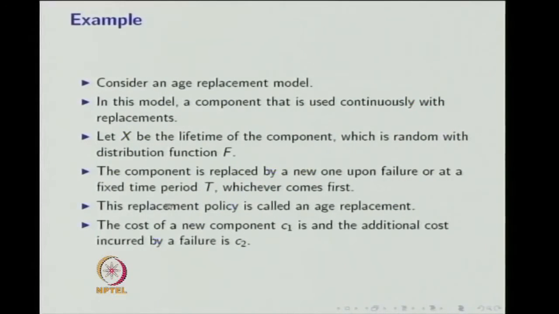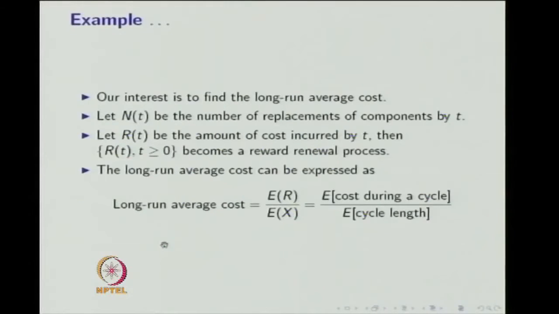The cost of a new component is C1 and the additional cost incurred by a failure is C2. Our interest is to find the long-run average cost. Let N of t be the number of replacements of components by time t. N of t is a renewal process.